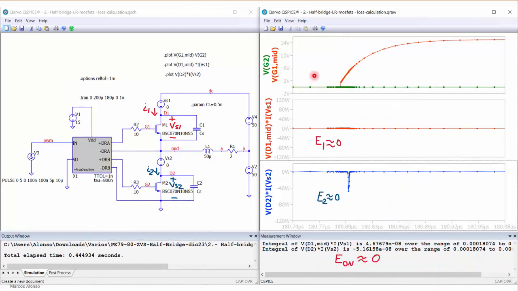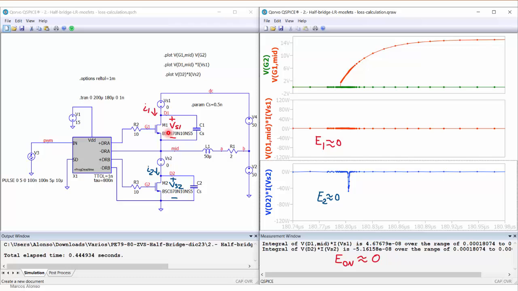And here we have the same energies during the on transition of transistor M1. So here is the gate signal of transistor M1. We have to remember that now the current is going in this direction, circulating through the body diode of transistor M1. And then when the gate voltage of transistor M1 reaches around 4 volts, the channel is formed and starts conducting the current of the diode.